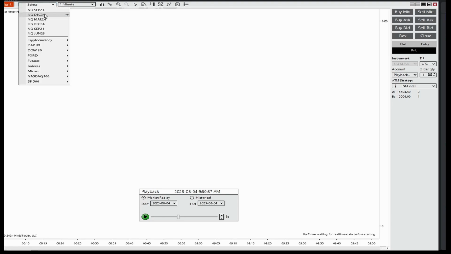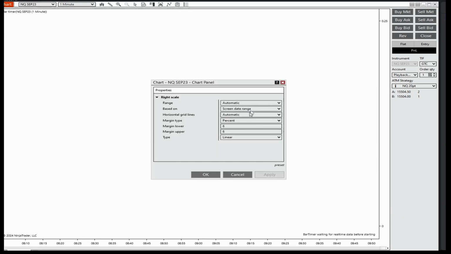Why did the chart just disappear? Excuse me? All right, this is... It went down to minimum 0.25.